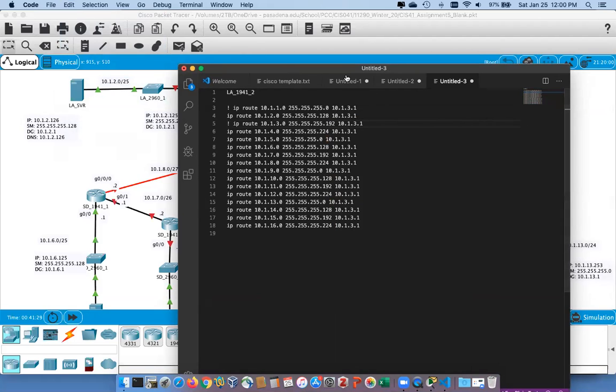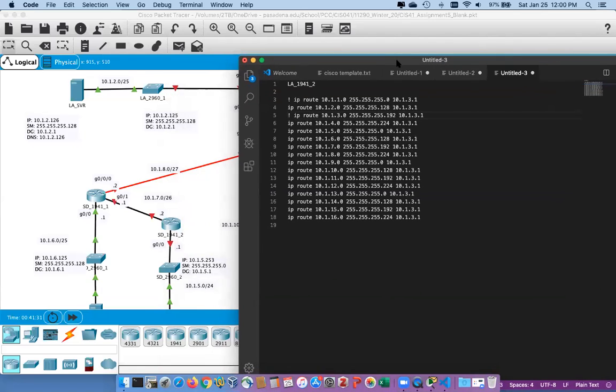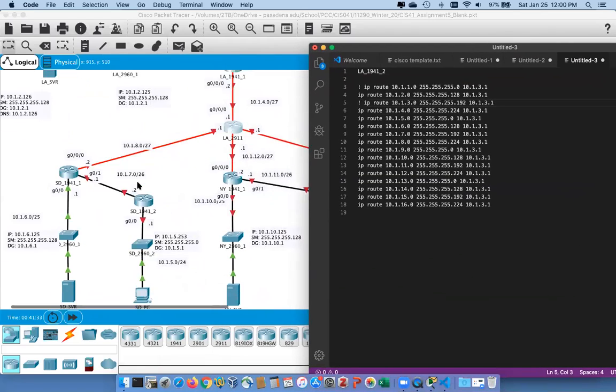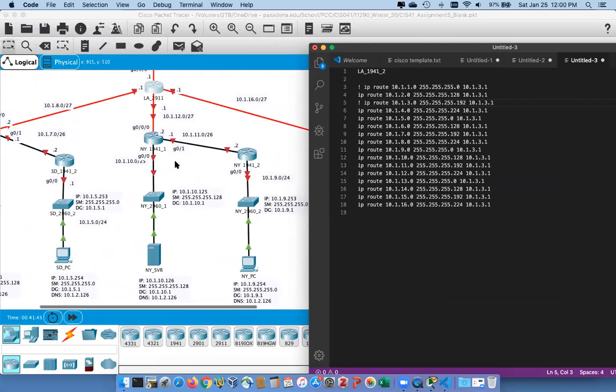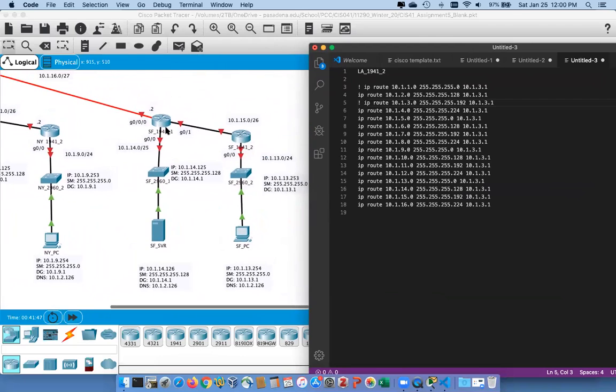Okay, now you're going to do a lot of the same thing. You're going to repeat those same steps for all of your other routers, all of your other branch routers, the SD 1941 1 and 2, New York 1 and 2, and SF 1 and 2.